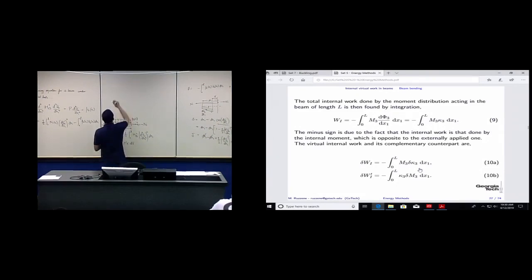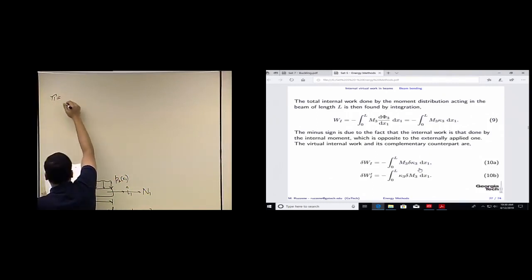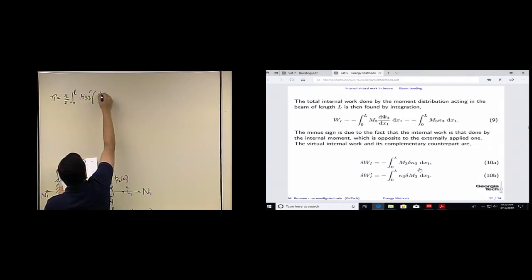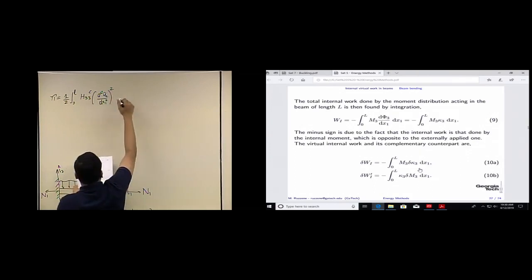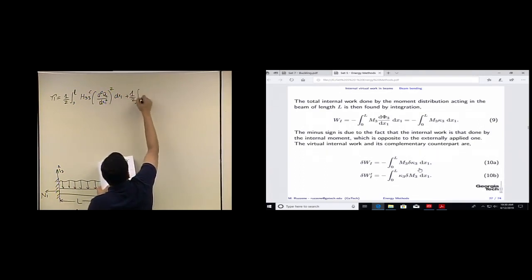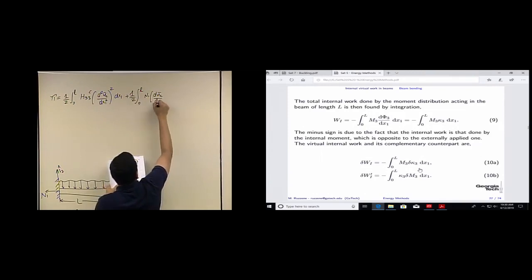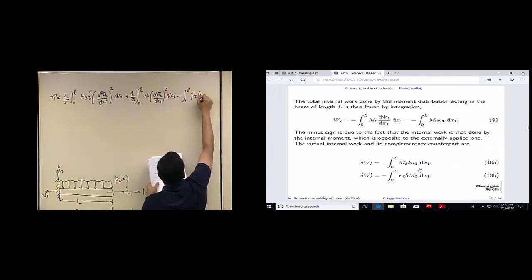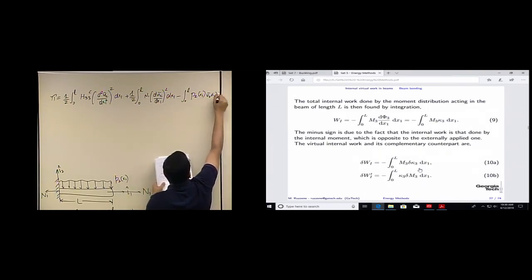So now we can write our total potential, which is 1/2 integration 0 to L h33c times the second order derivative of u2 with respect to x1, and the square of that term, times dx1, plus 1/2 integration 0 to L n1 times (du2/dx1) squared dx1, minus integration 0 to L p2(x1) u2 bar(x1) dx1.